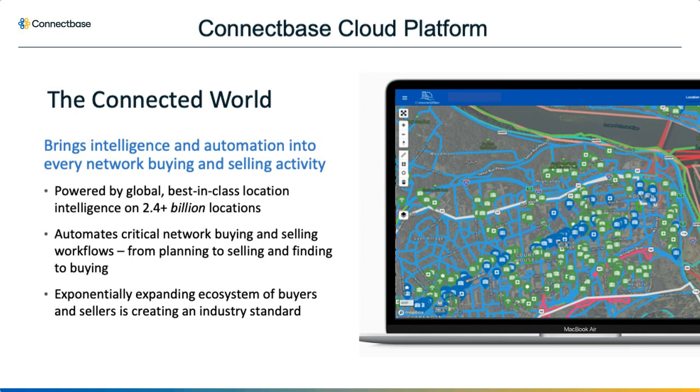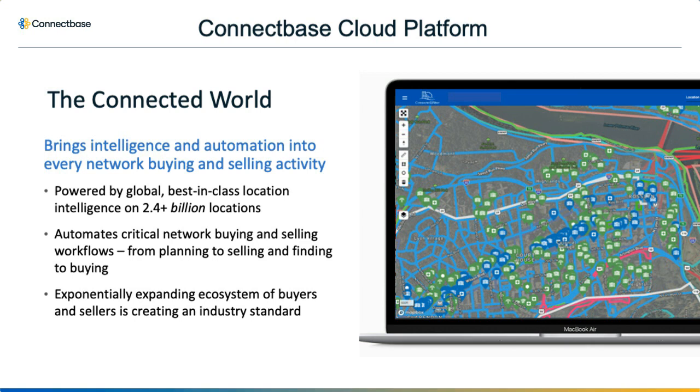And it allows us and it allows you to automate critical network buying and selling, from planning to selling to costing to quoting and to finding and buying. And what this does is provide great efficiencies, but also expands the ecosystem of buyers and sellers. And we believe Connectbase is creating an industry standard.